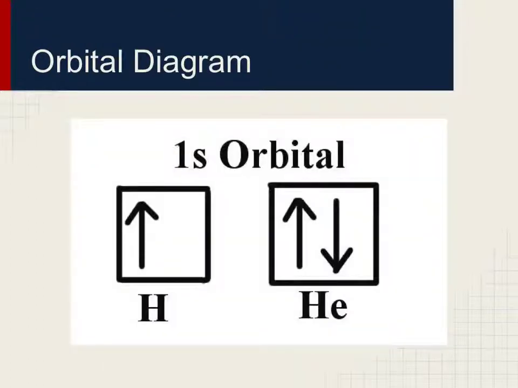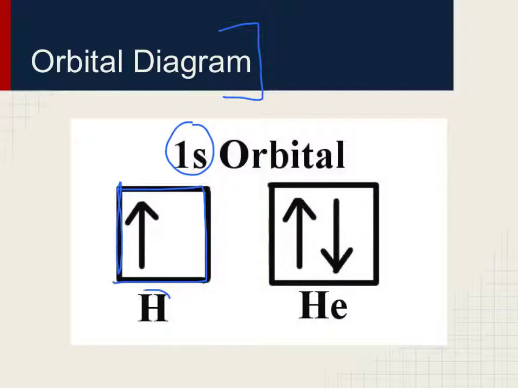So part of drawing or assigning electron configurations is also to be able to draw electron orbital diagrams. These electron orbital diagrams, as we saw previously, represent a 1s orbital in the form of a box. And that box can hold electrons, but according to the Pauli exclusion principle, the box or the orbital can hold at most 2 electrons.